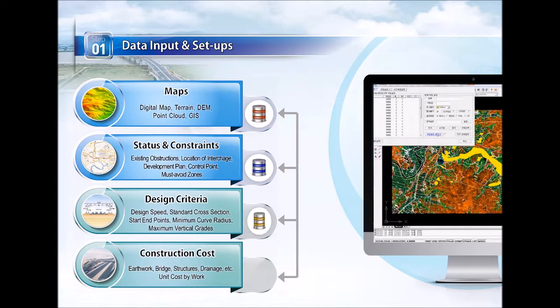Status and constraints such as the speed of the design criteria, cross-section, and the start and end points are also set to be defined. Unit cost by construction work can be adjusted appropriately for each country.